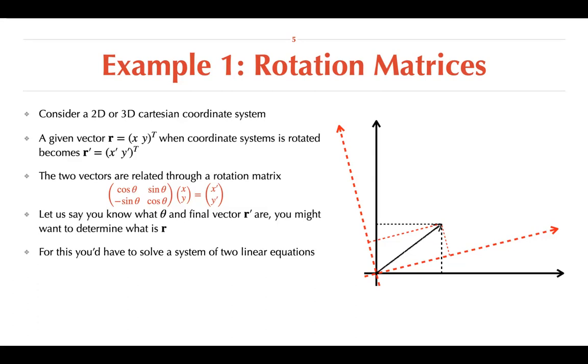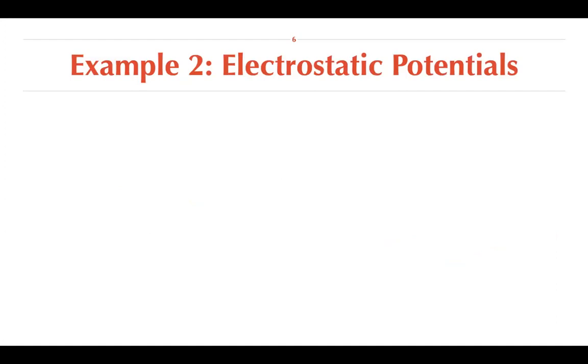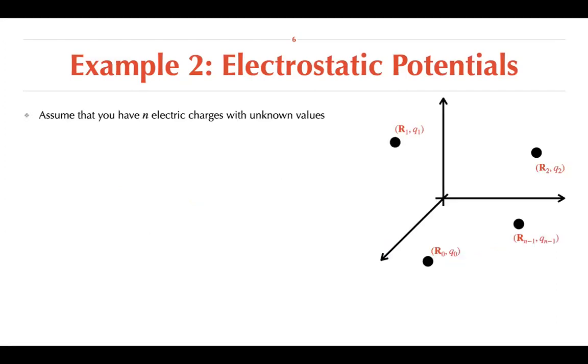Another possibility is when you want to understand electrostatic potentials. Let's say you have n charges with unknown values. The charge values are not known, but you know where they are placed. Charge q0 is placed at position r0, q1 is placed at r1, and so on. The nth charge, q n minus 1, is placed at r n minus 1.